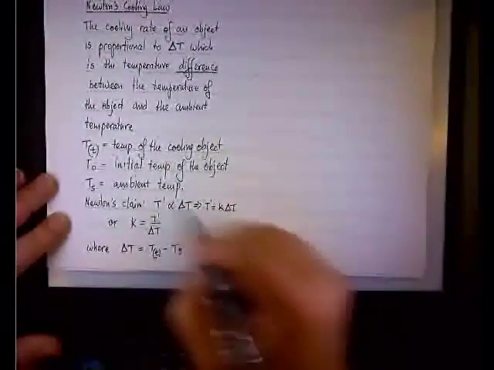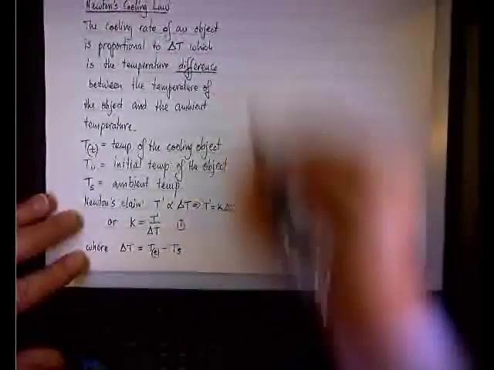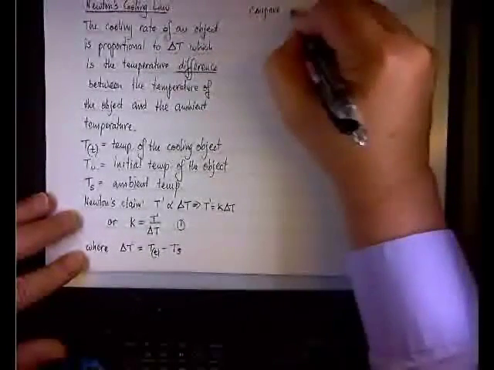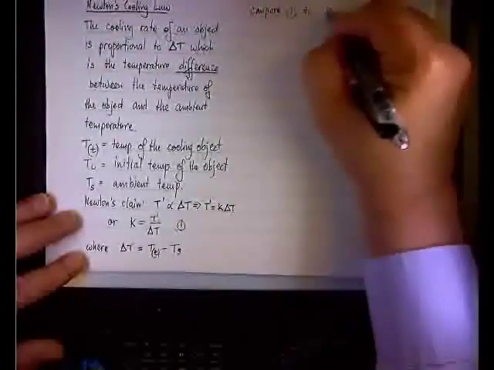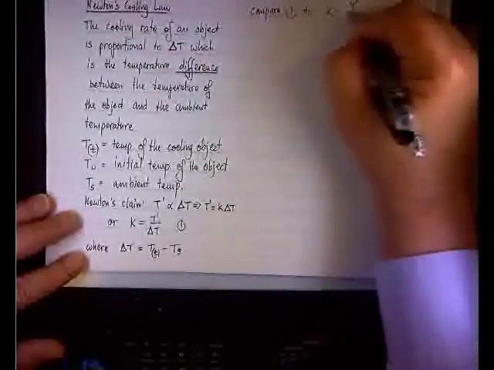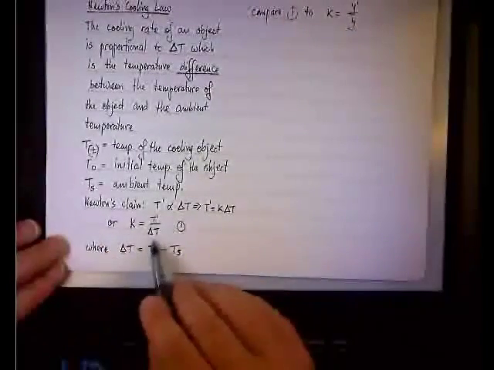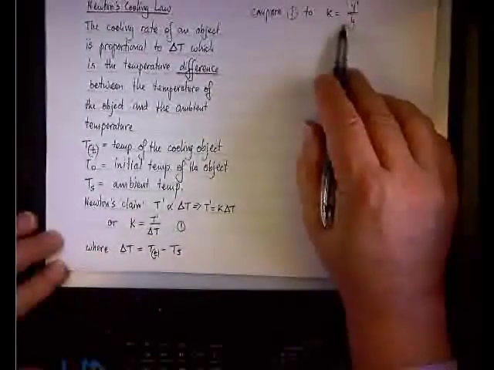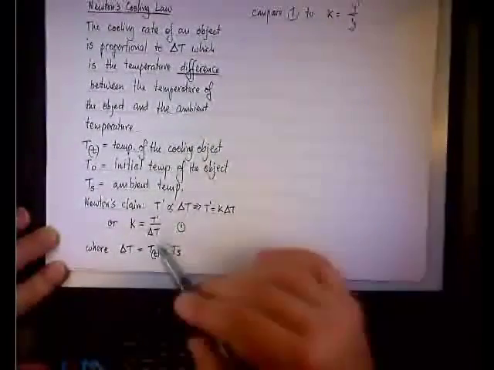Now, let's call this equation 1, and compare equation 1 to what we had before, when k was equal to y prime over y. So we are looking at k equal T prime over delta T, and before we had y prime over y.